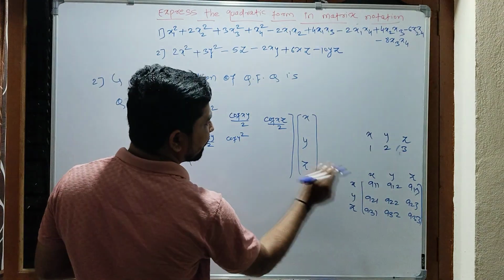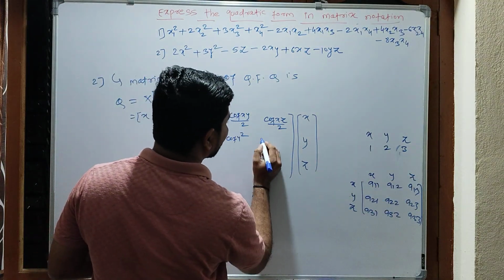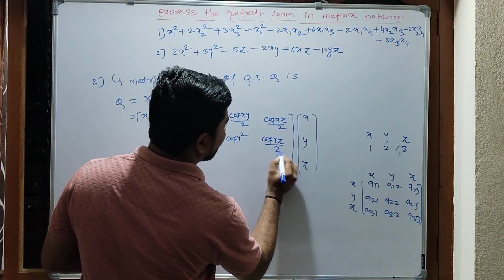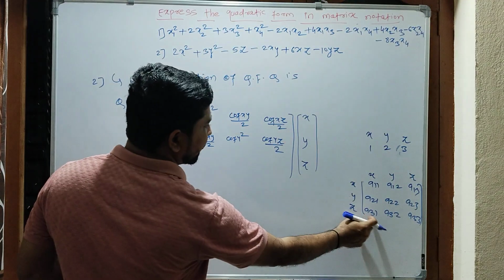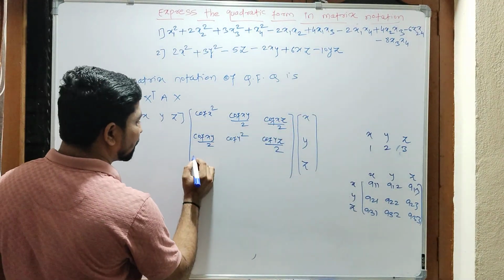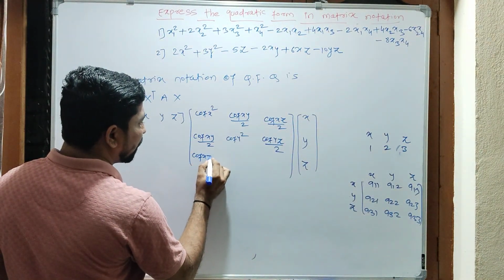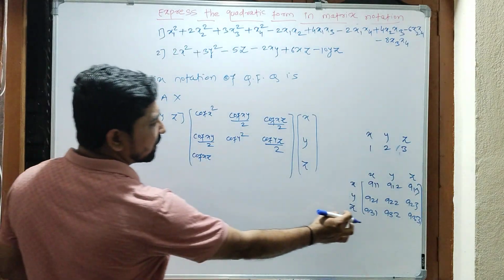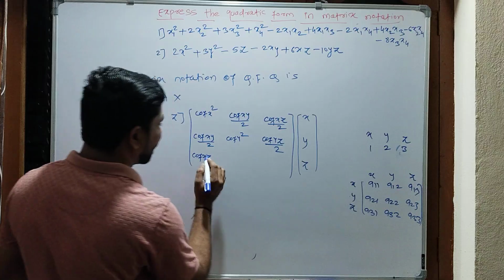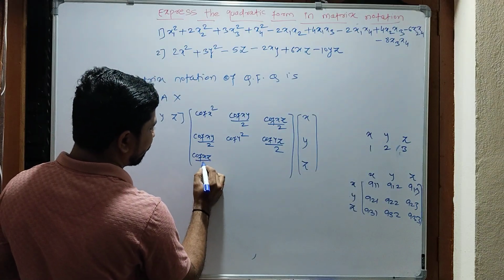Here the coefficient of y and z, divided by 2. Now this is a31, the coefficient of zx. The coefficient of zx is the same as the coefficient of xz. Here this is zx, but here a31 is the same as a13. That's why here I am writing the coefficient of xz by 2.